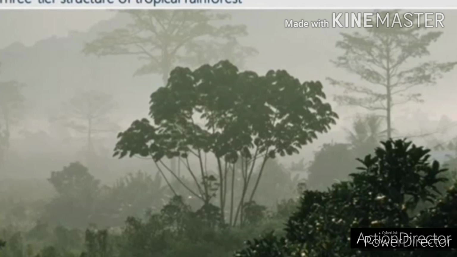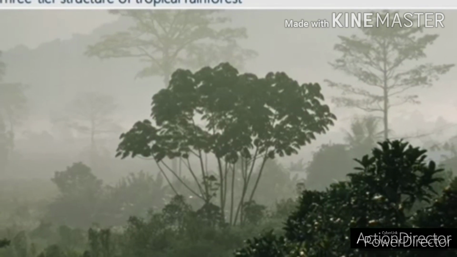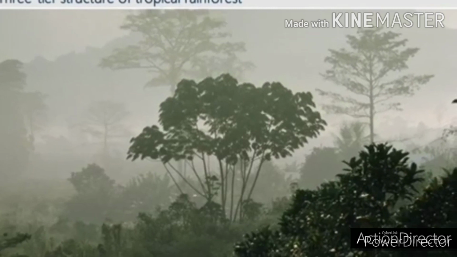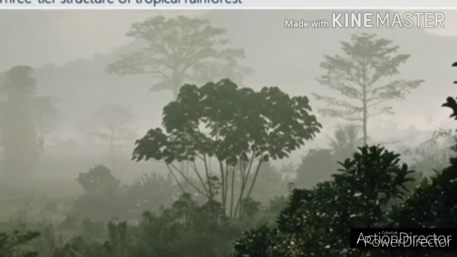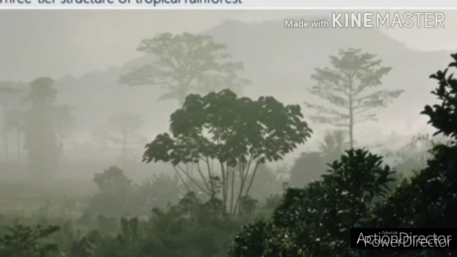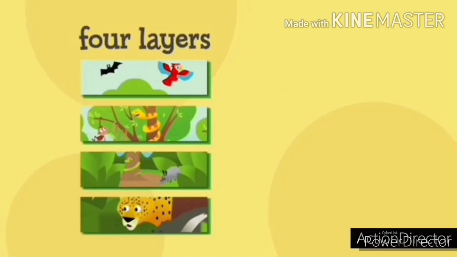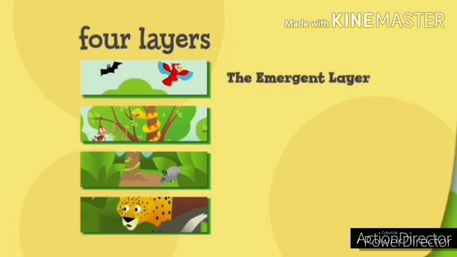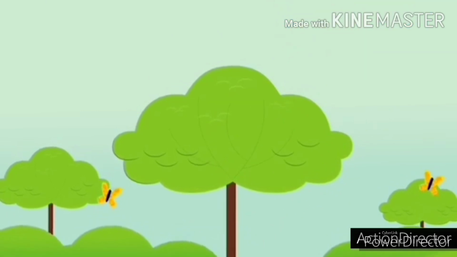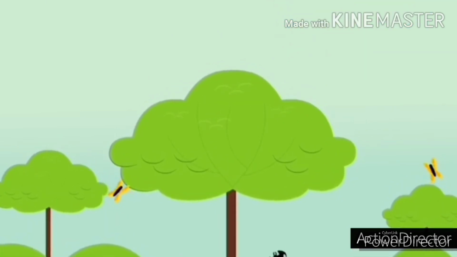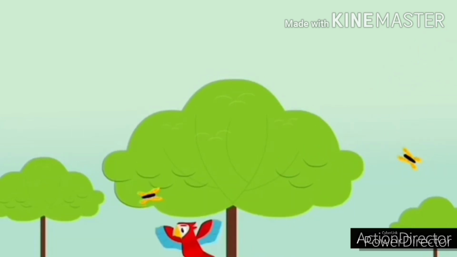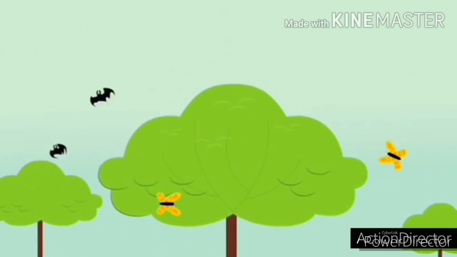This layer is known as the canopy layer because of the cover it forms above the other plants and insects. Food is abundant in this area. Animals such as snakes, toucans, and tree frogs survive in the canopy layer.